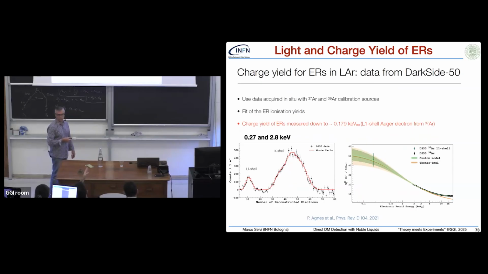I mean, about the function that you're using. People are using... How is it possible that it doesn't go down? Why? Because this is the specific, this is called the charge yield. So it's already divided by the energy. Why does it have to go down? Okay.